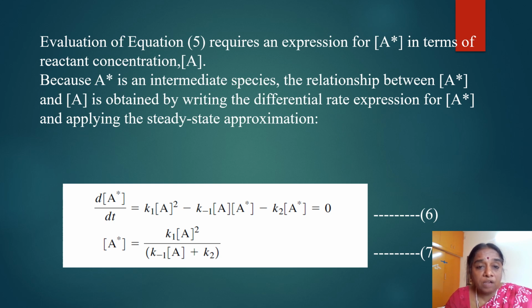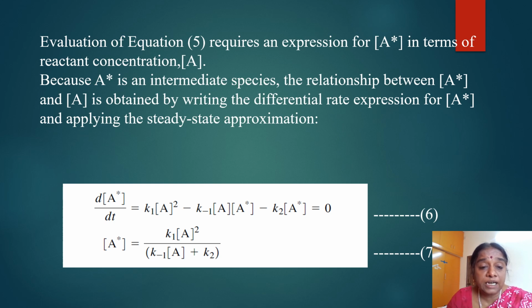So for the evaluation of equation 5, we write the rate of formation of A star and its rate of decomposition, which are shown in this equation. dA star by dt is equal to K1, the rate constant of the forward reaction, that is the first step for the equilibrium existence, into concentration of A squared, minus the rate of the backward reaction, which is represented as K inverse into A into A star, minus the rate of decomposition of A star, which occurs by the third step, also known as the decomposition step, K2 into concentration of A star, which is equal to 0.